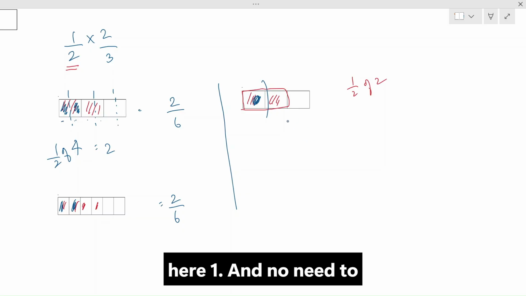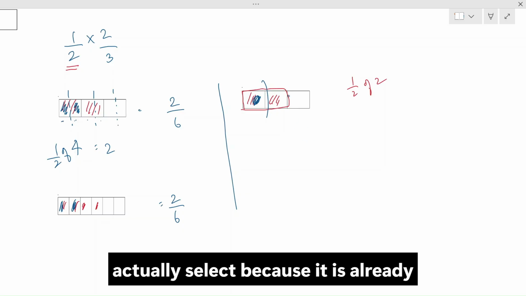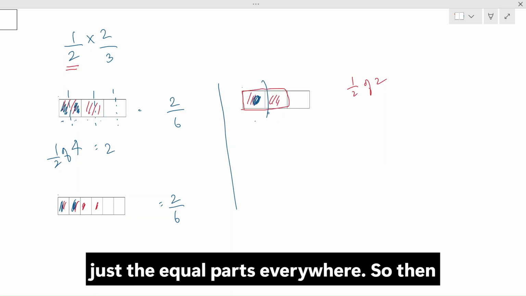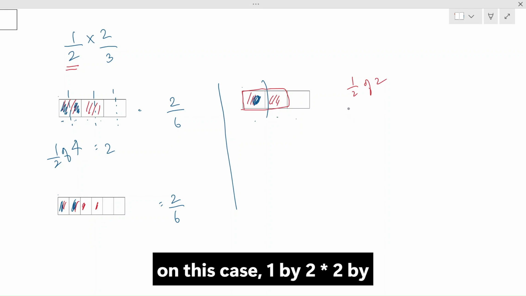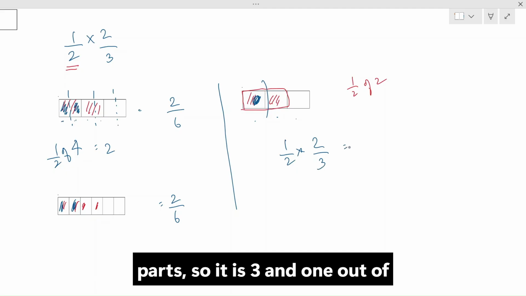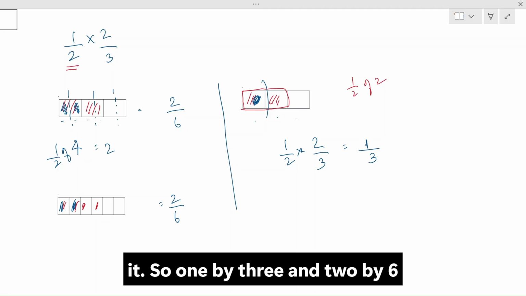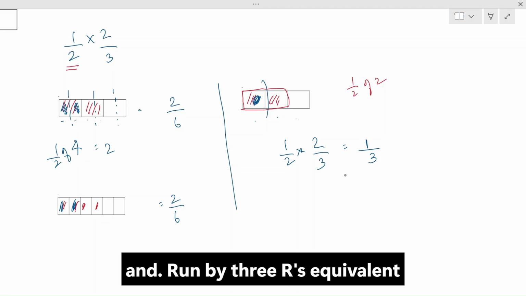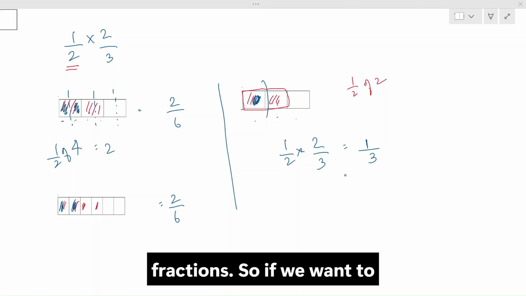And no need to actually split, because it is already just equal parts everywhere. So in this case, 1 by 2 times 2 by 3 is nothing but, there are three equal parts, so it is 1 out of 3. So 1 by 3. And 2 by 6 and 1 by 3 are equivalent fractions.